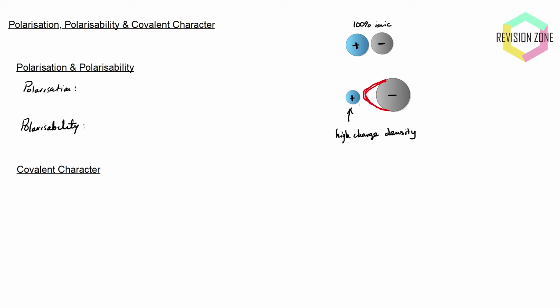It gets pulled over to the positive ion. This is called distortion. This process is called distortion. That distortion leads to polarization.